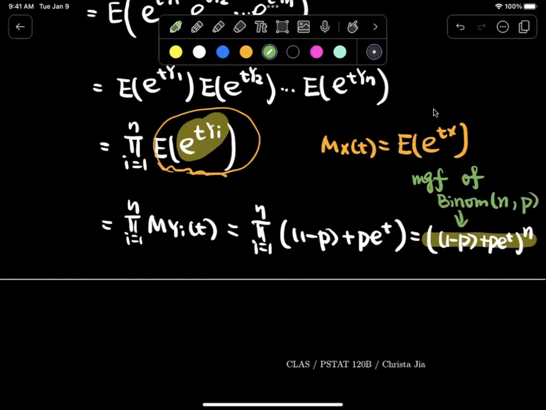The MGF has a very, very useful property, and that is uniqueness. The MGF is unique. So if the MGF of a random variable looks like the MGF of binomial(n, p), then this random variable is binomial(n, p).